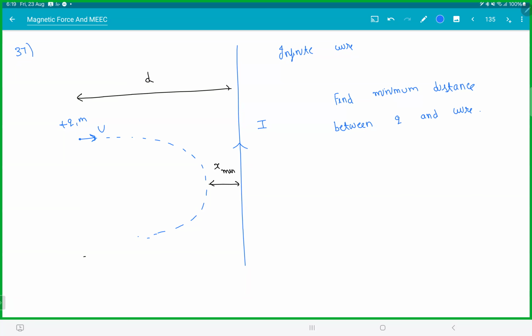Try it, I'll give 2-3 minutes. It's an integration. There is no logic, brute force solving it is. There's no easy way to see and say, oh, this is what will happen.